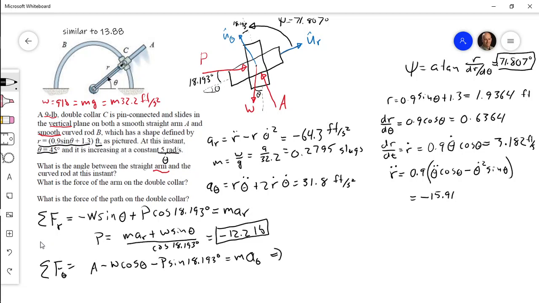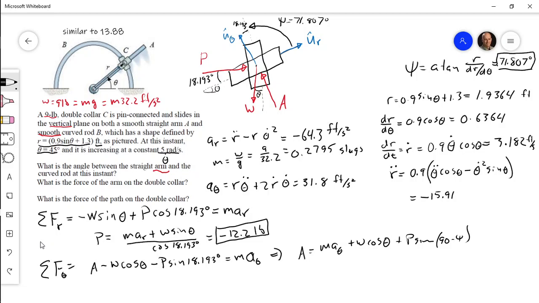And we can solve this for A. Will be simply M A theta plus W cos theta plus P sine, I'll do 90 minus psi.